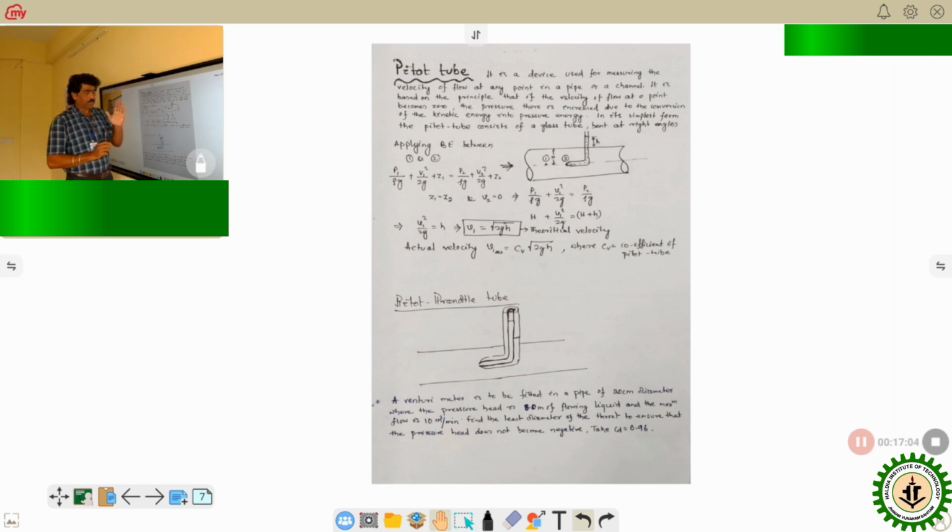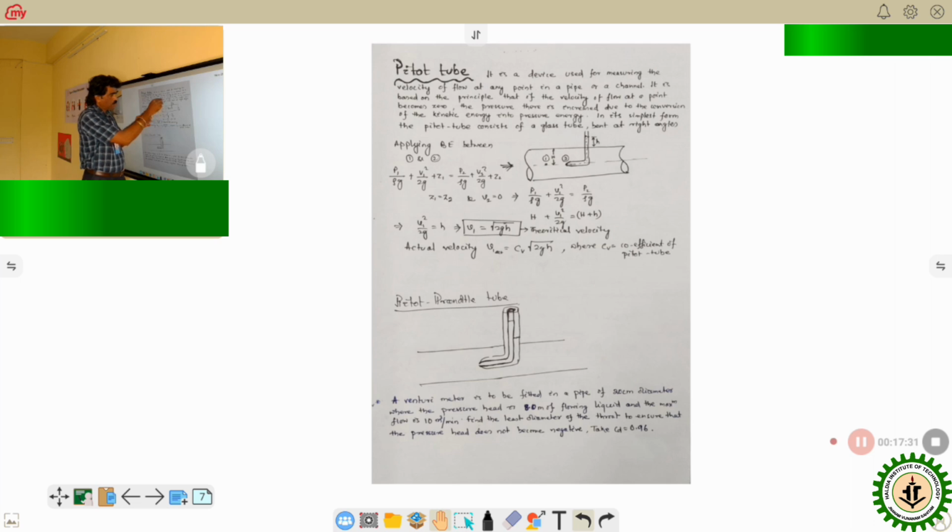When I am applying the Bernoulli equation between point 1 and point 2, P1 by rho g plus V1 square by 2g plus Z1 is equal to P2 by rho g plus V2 square by 2g plus Z2. But due to the obstruction, the fluid is at rest at point 2. That means the velocity at point 2 is not there, only the rising height of this limb will show you the indication.